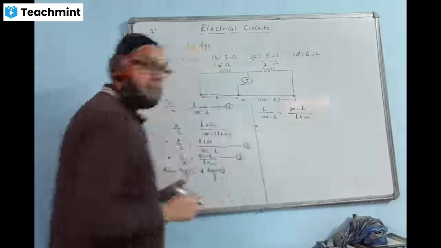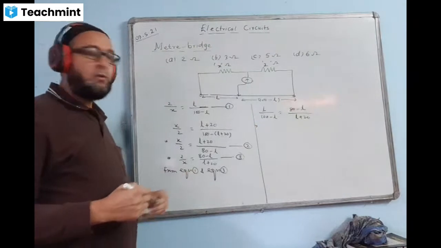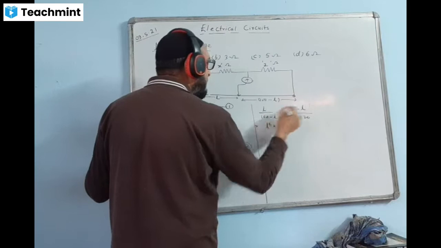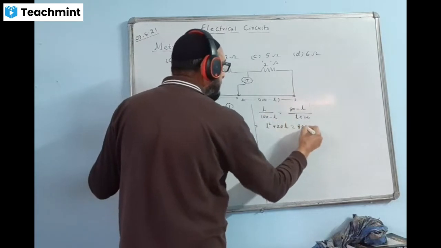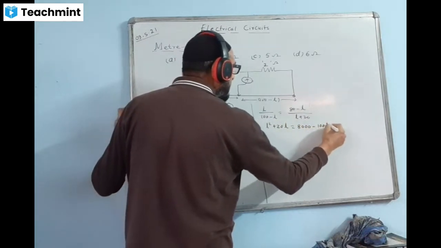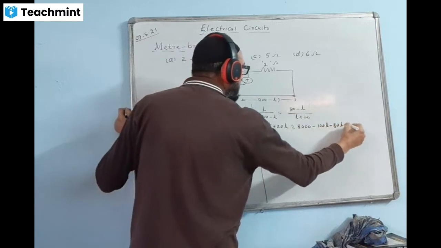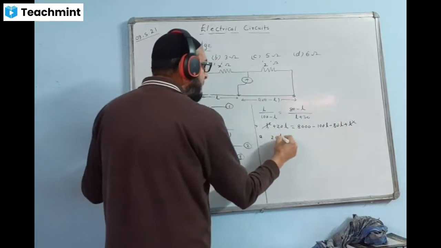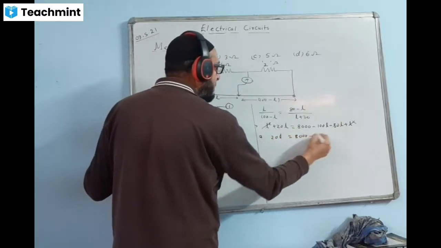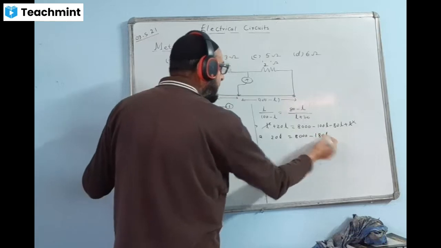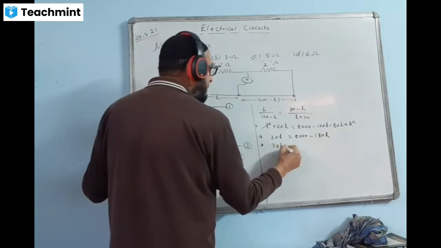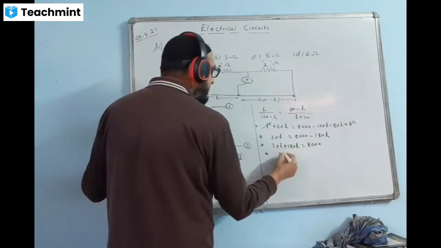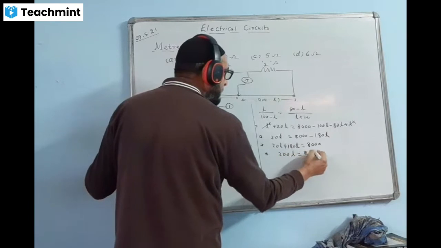Cross multiply: L square plus 20L is equal to 8000 minus 100L minus 80L plus L square. L square cancels. We have 20L plus 180L is equal to 8000, so 200L is equal to 8000.